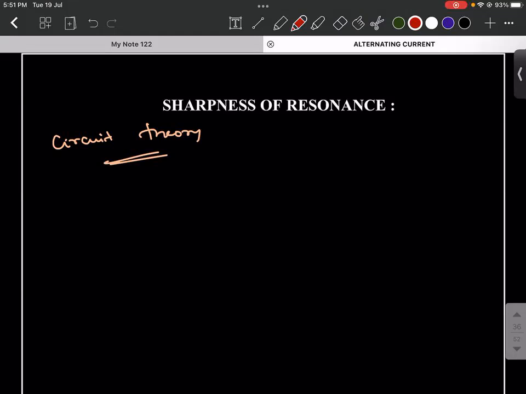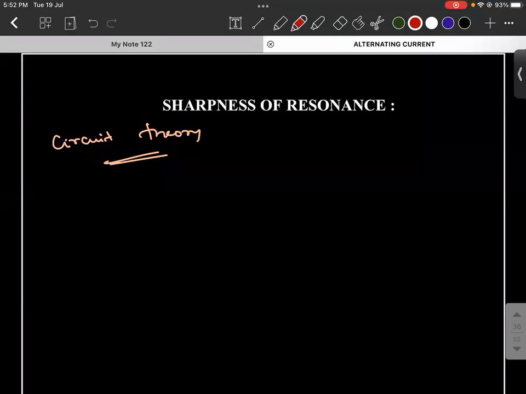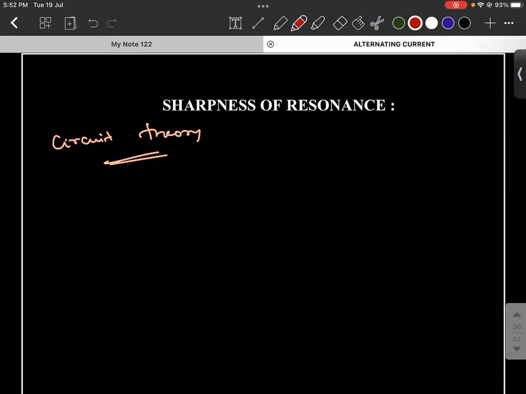You'll have it in one of your semesters, provided you take electronics and communication or electrical engineering. Otherwise, if you take computer science, you need not worry about it. In circuit theory, with the help of passive elements, they design different kinds of electrically functional circuits.